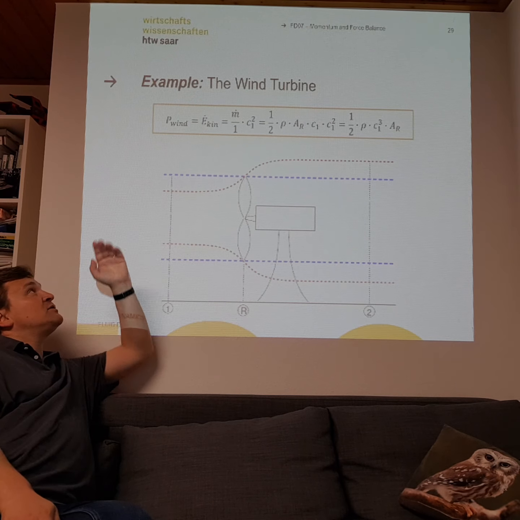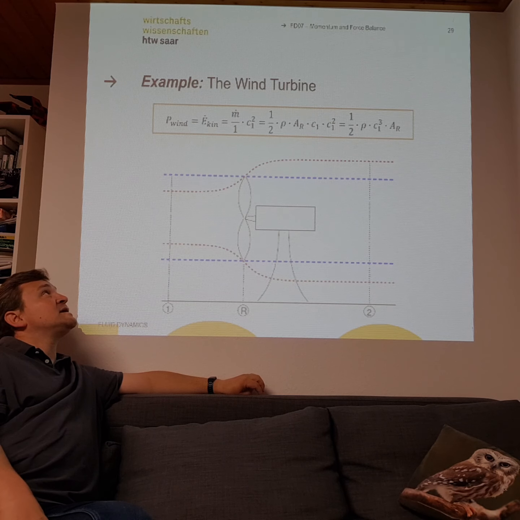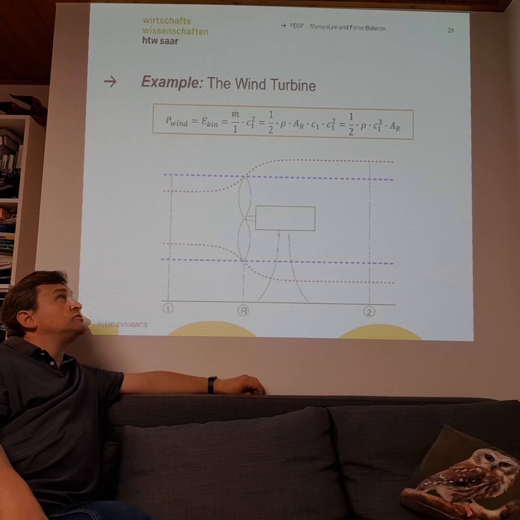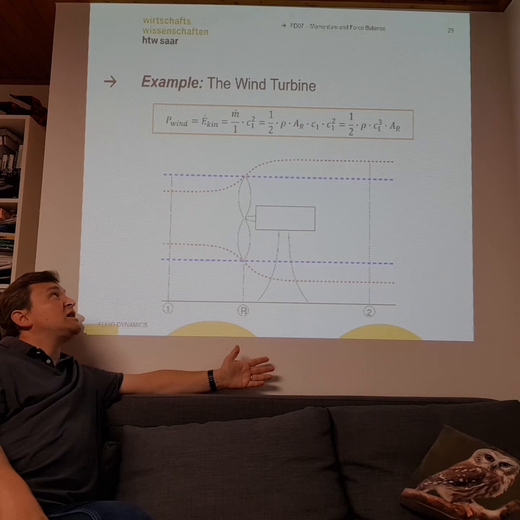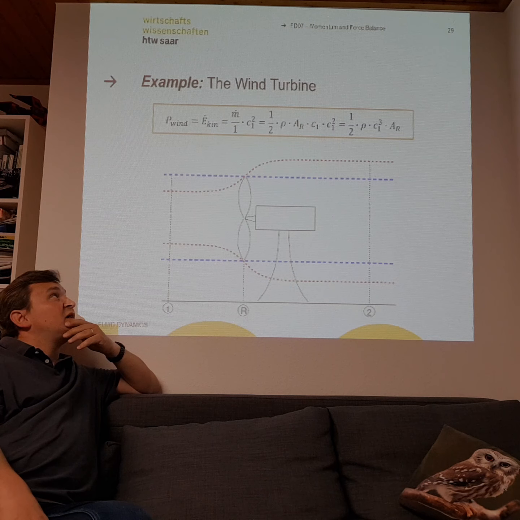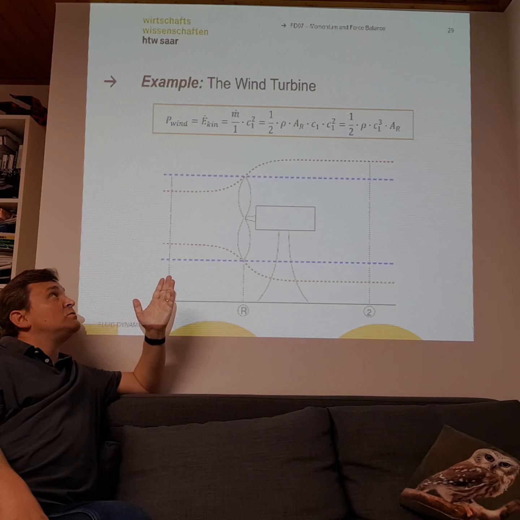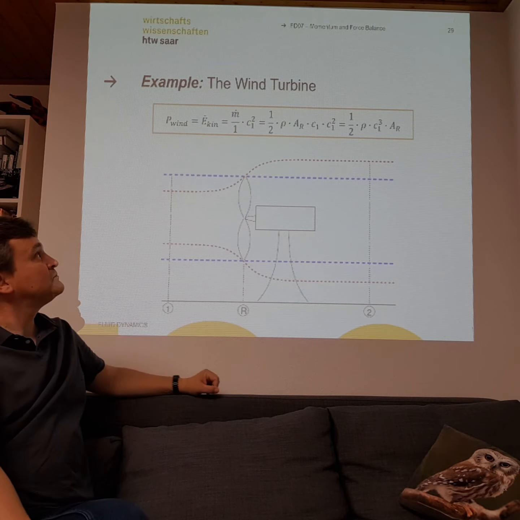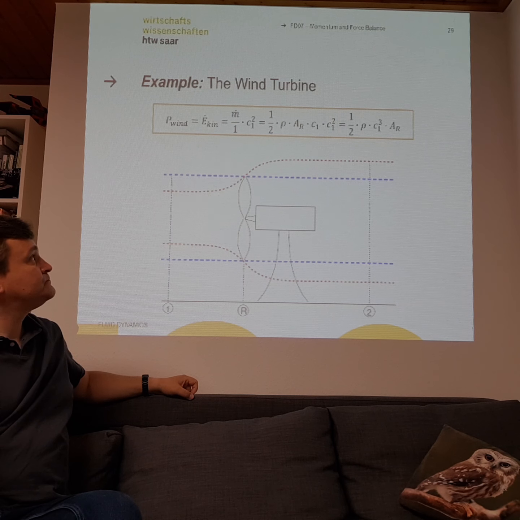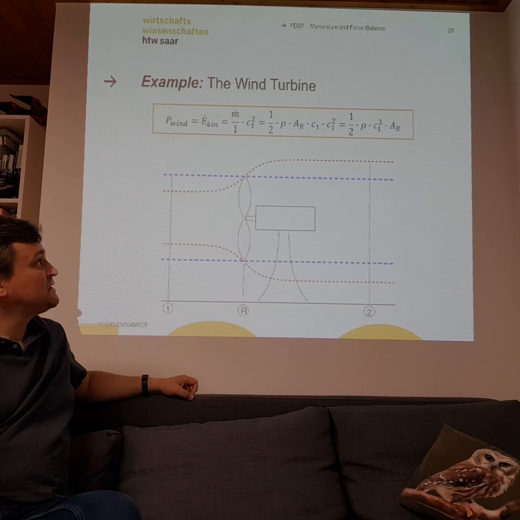And to calculate the power that is inside the fluid, inside the wind, we have to take the derivation of the kinetic energy, and the kinetic energy is defined by mass flow times velocity squared.